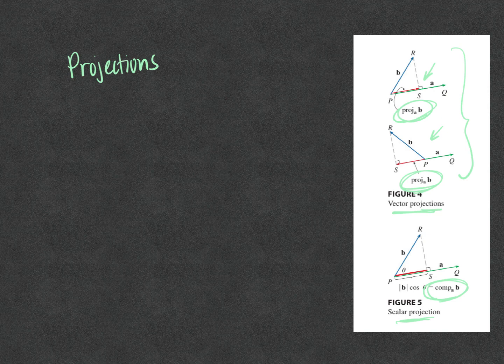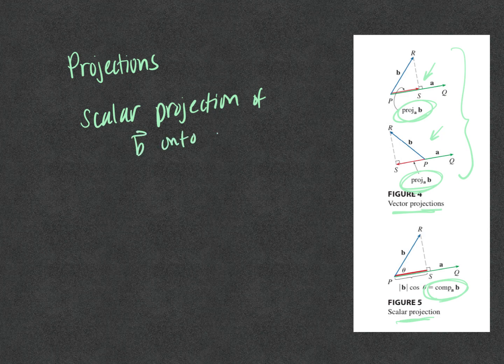So we have some formulas here. Let's start with the scalar projection of B onto A. It is written as the component of B onto A. And the formula is A dot B over the length of A. As you can see, we're going to have a scalar over a scalar, so it's called the scalar projection.